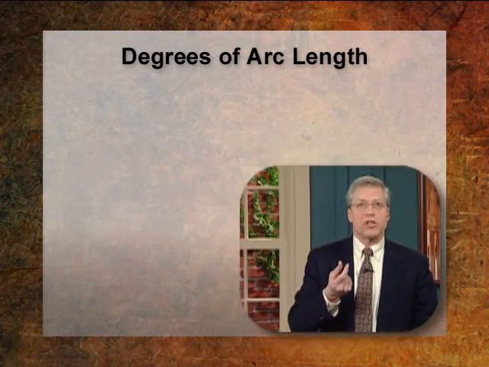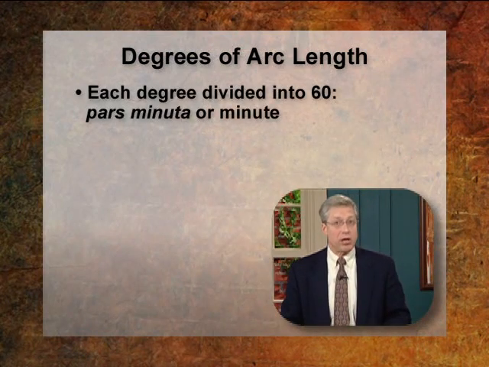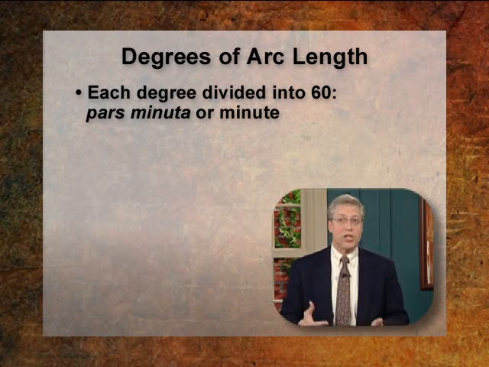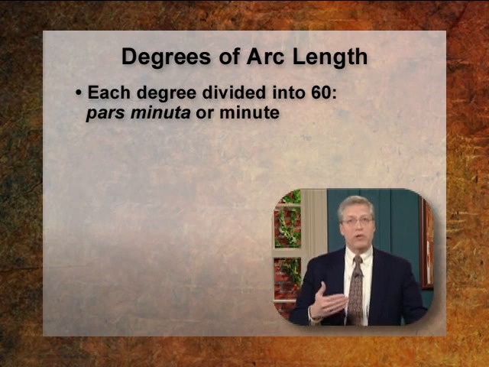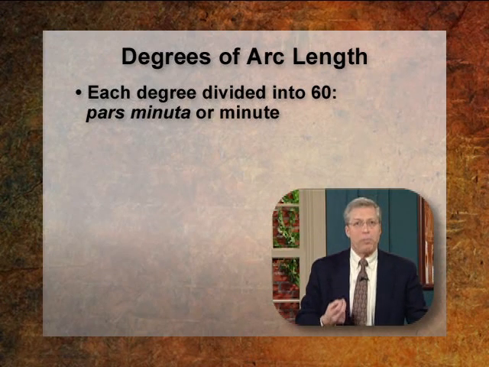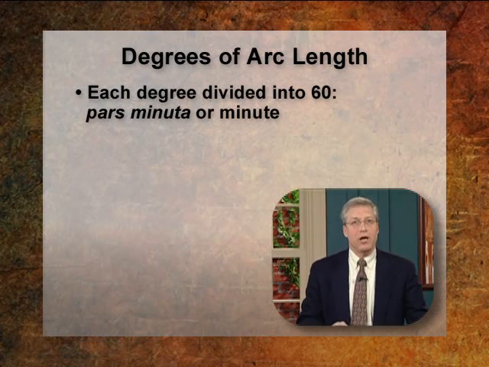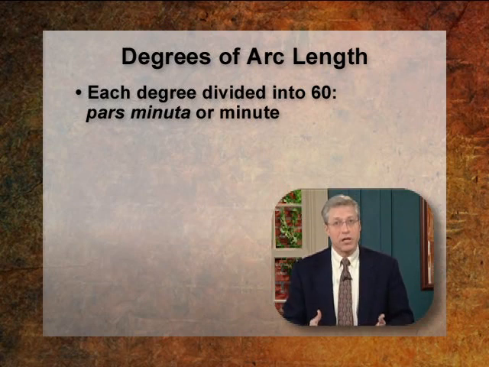These degrees of arc length, then, would be subdivided, according to the Babylonian system, into 60ths of a degree, which we call a minute. And the word minute actually comes from Latin. It means a small part, pars minuta. And so we take the word minuta and it became in English minute.